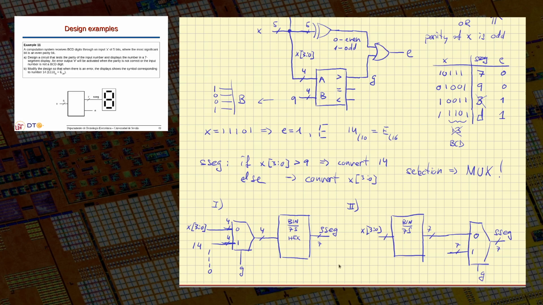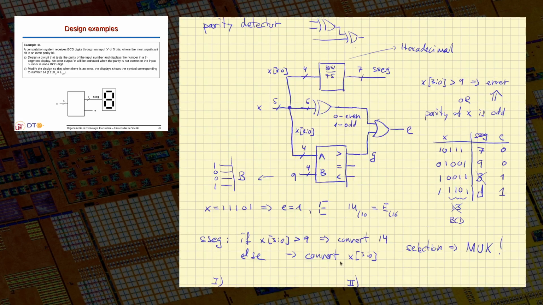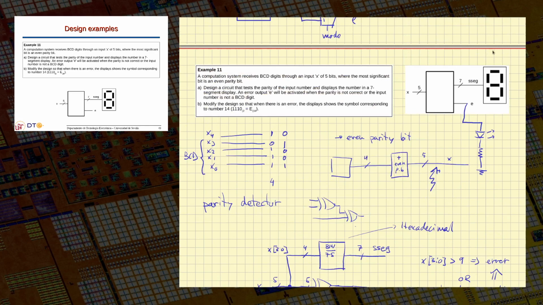If you remember, in a 7-segment converter, the code is normally named with letters. This is A, B, C, D, E, F, and G, in that order.